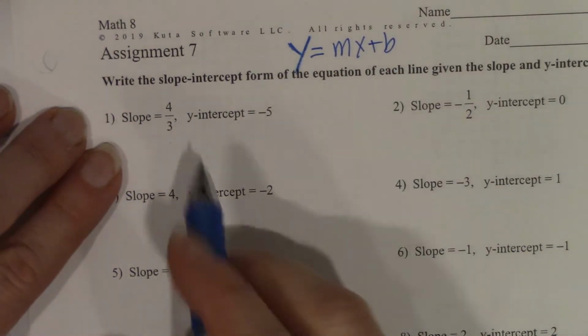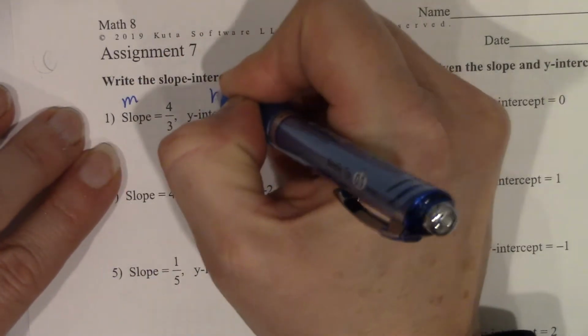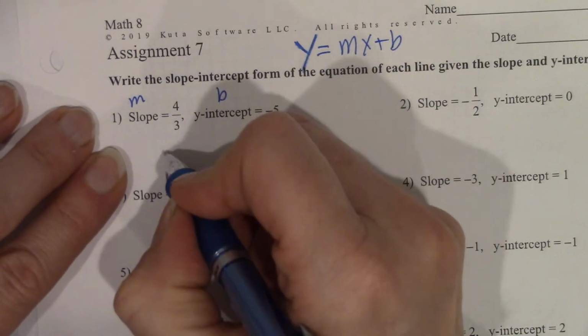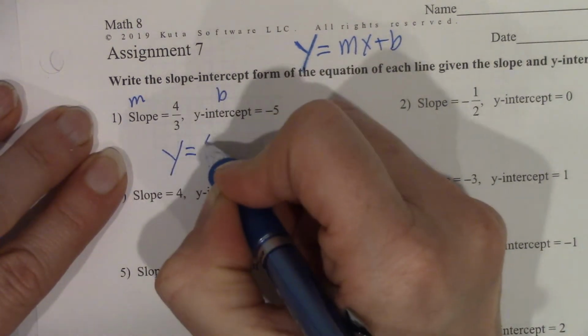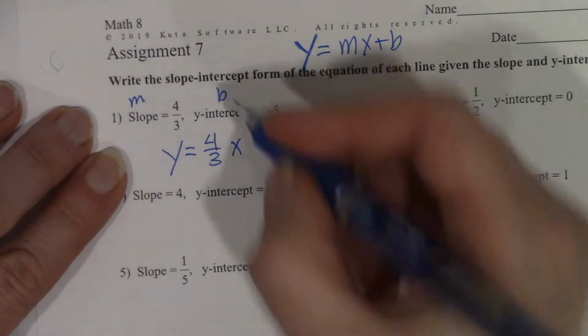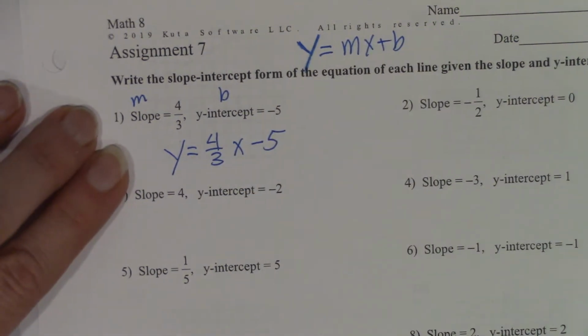My slope is m. My y-intercept is b. All right. So I'm going to write y equals my slope, 4/3 x, plus my intercept. My intercept is -5. So I'm just going to write -5 there. Plus a -5. It's the same thing as a -5.